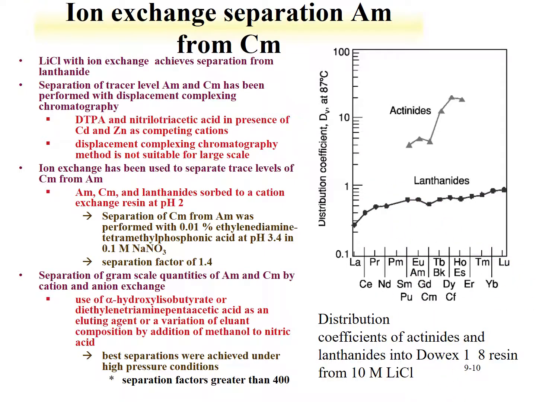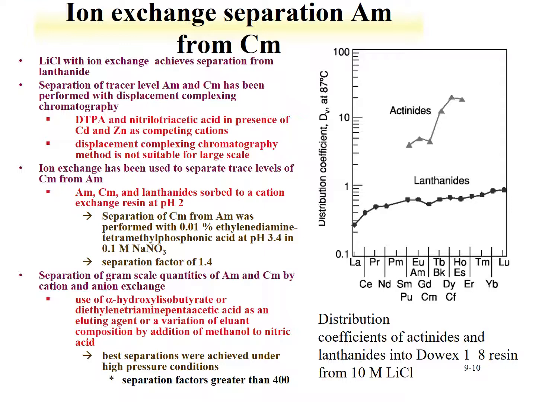So ion exchange has been used at tracer type levels, one using a displacement complexing chromatography. It involves a two ligand system, two metals that act as competing cations. You use the slight differences in the complexation between americium and curium to achieve a separation. This method is somewhat cumbersome and complex, can be used on a small scale but not particularly suitable to large scale separations.